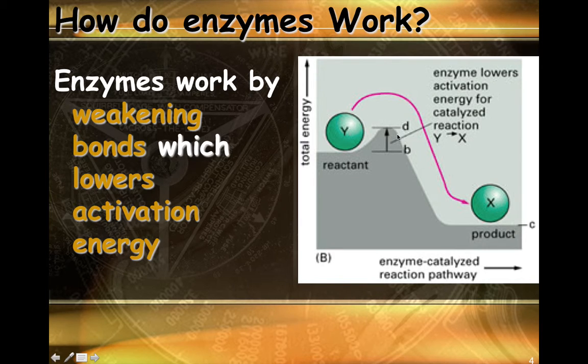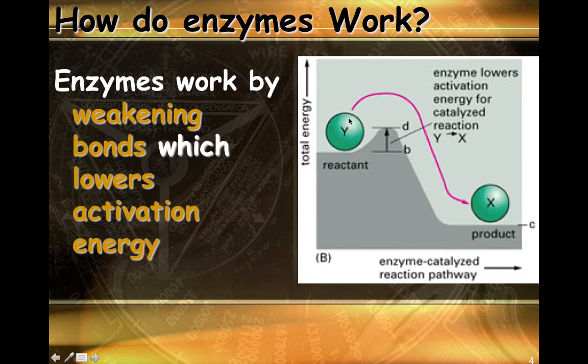If you look over here at the chart, every single chemical reaction that takes place usually needs an initial input of energy to get it going. Here's our reactant, so you need a certain input of energy, and then the reaction will occur.